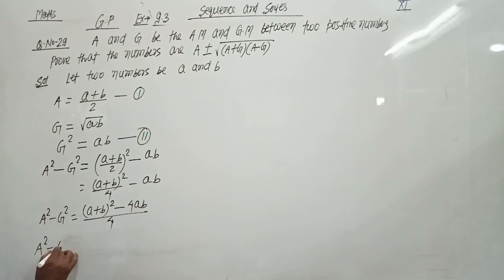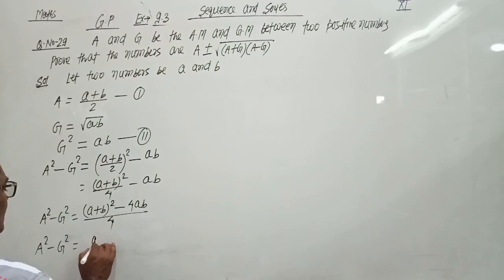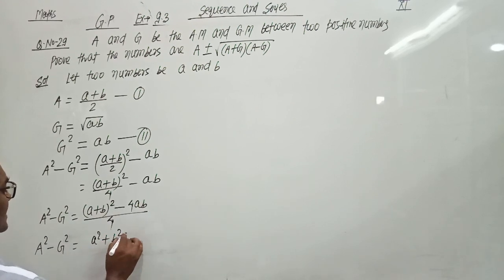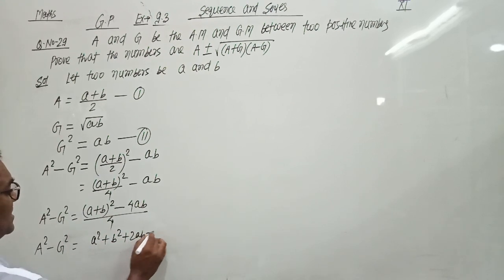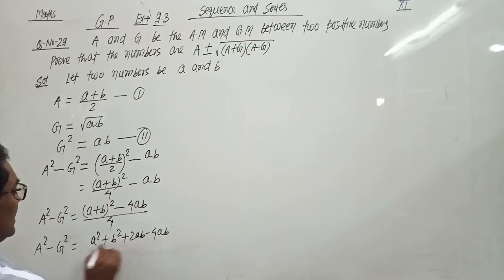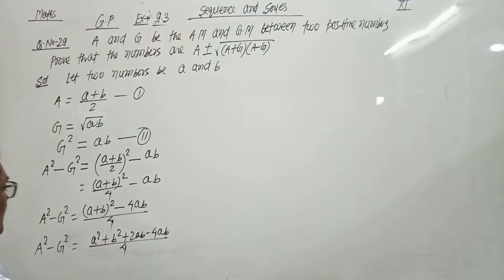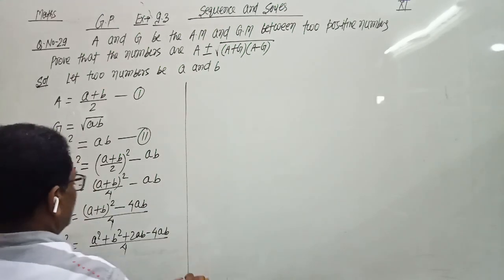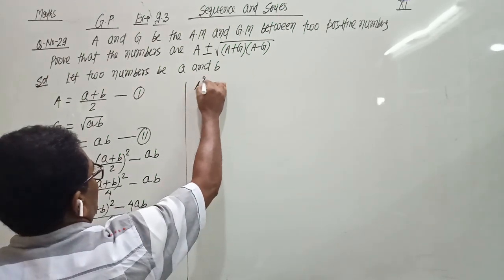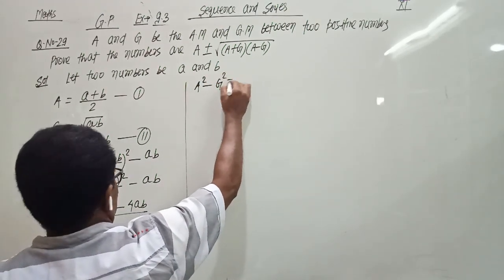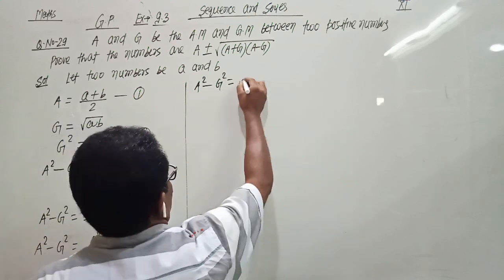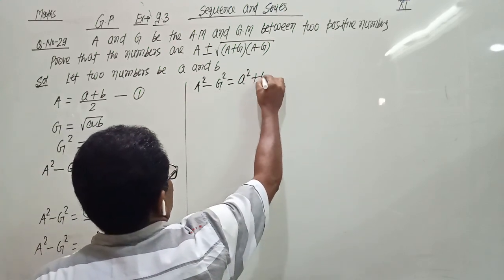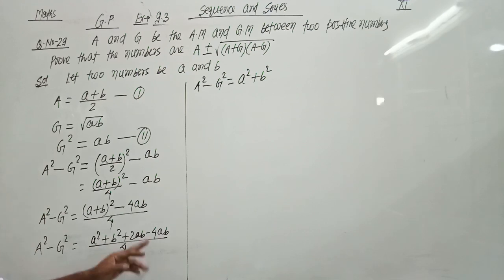When we expand, it becomes a square plus b square plus 2ab minus 4ab upon 4.